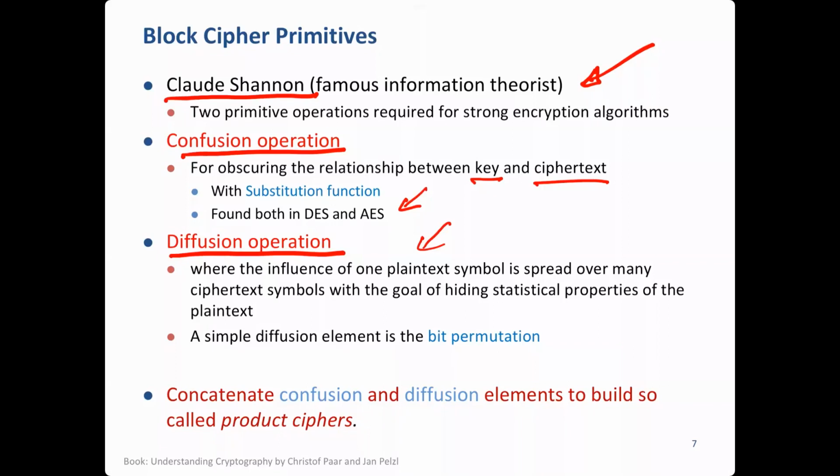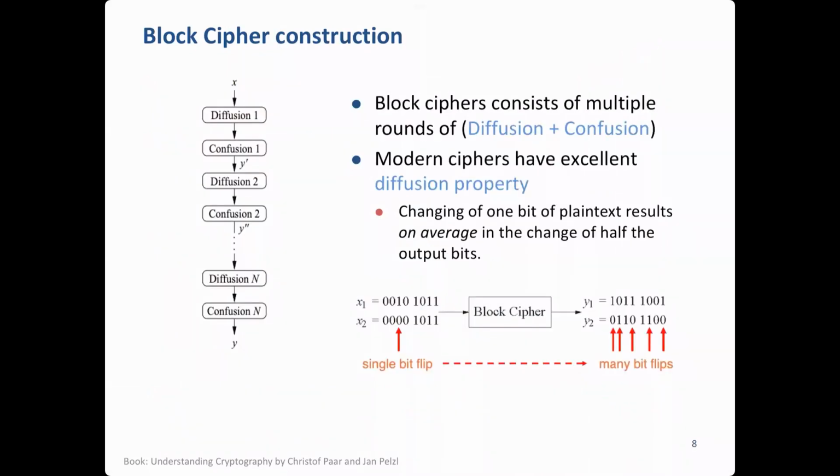Now Shannon said that doing the confusion and diffusion operations just once is not sufficient. You will have to do many confusion and diffusion operations, and then we get the product ciphers. This is exactly what is shown here. You have a block of data, you do diffusion, confusion, then a second time diffusion, confusion, do this a sufficiently large number of times, and then you get the encryption.